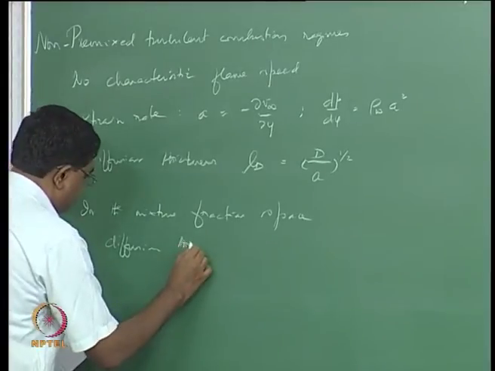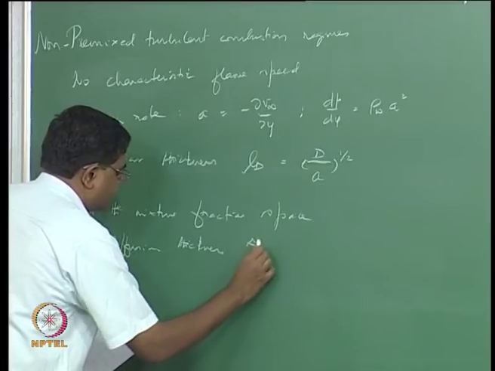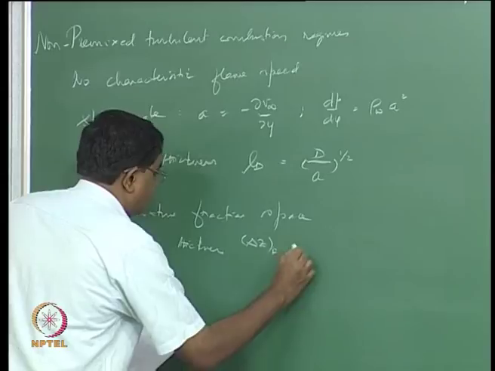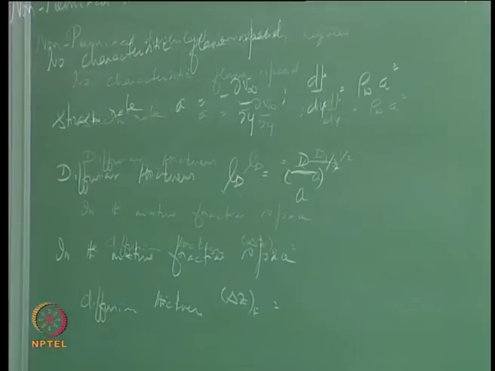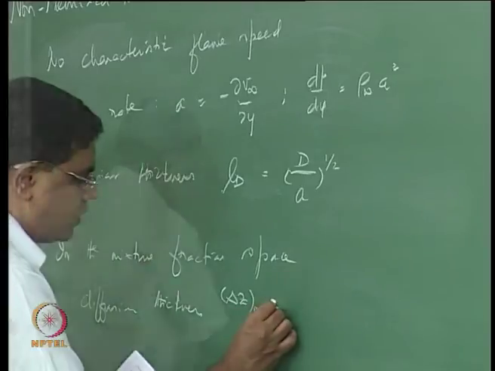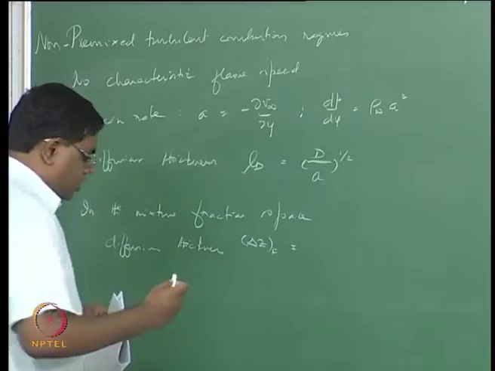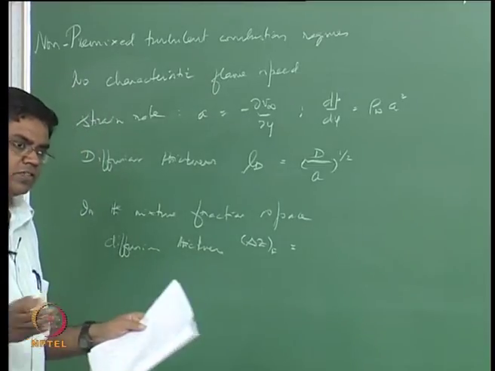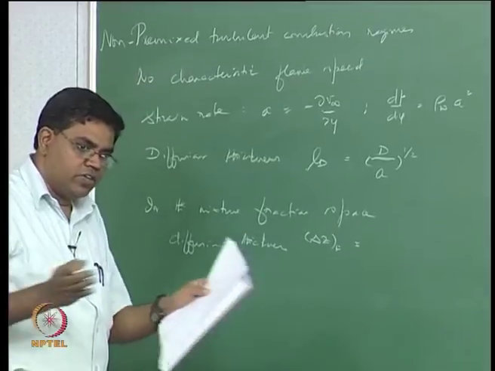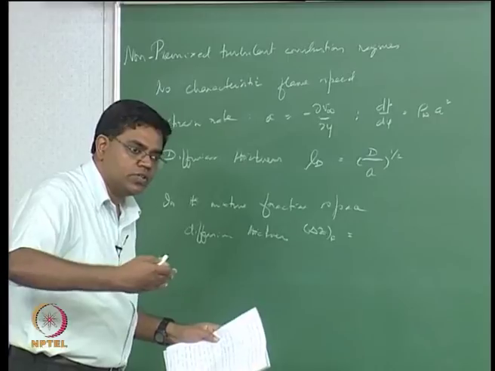Diffusion thickness in the mixture fraction space now is, let's suppose we call this ΔZ_F. Again the subscript F corresponds to flame here, because we are looking at the diffusion thickness around the stoichiometric surface, right, because you have the flame and then you now have a certain length scale associated with the flame that the eddy wants to interact with, right.